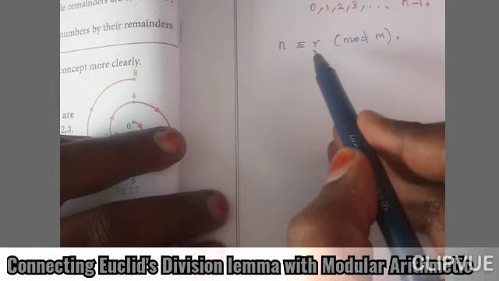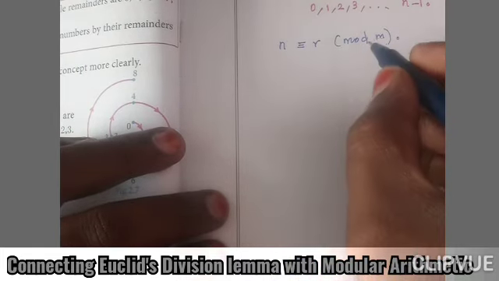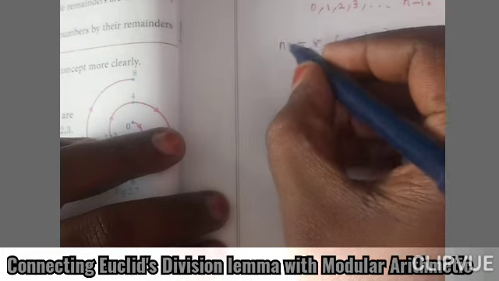n congruent to r mod m. n is the dividend.